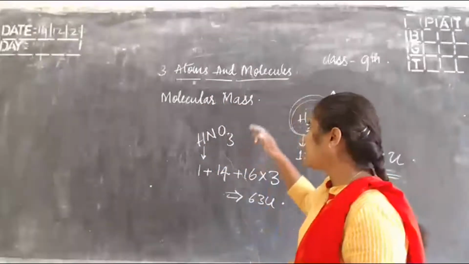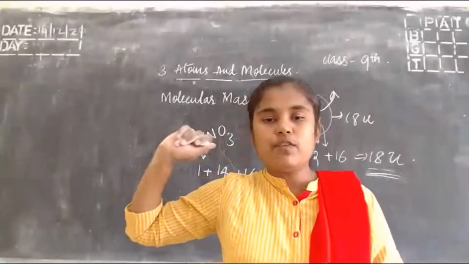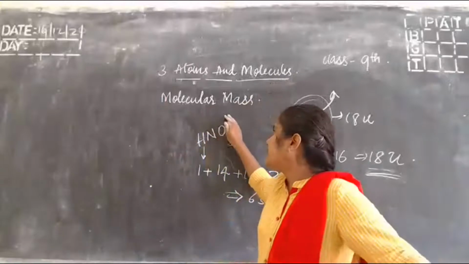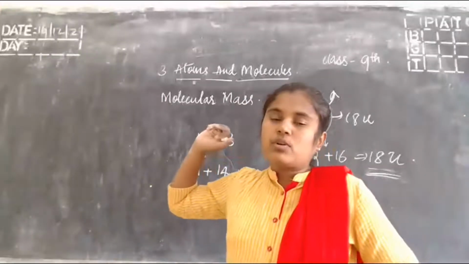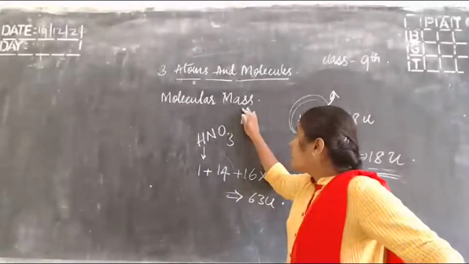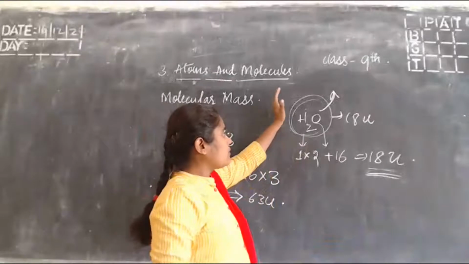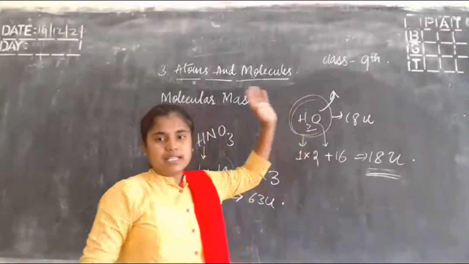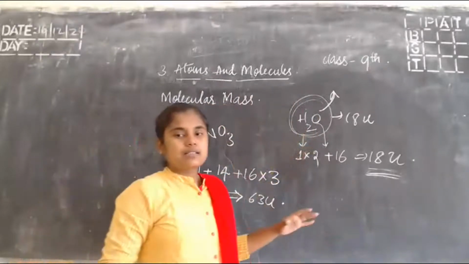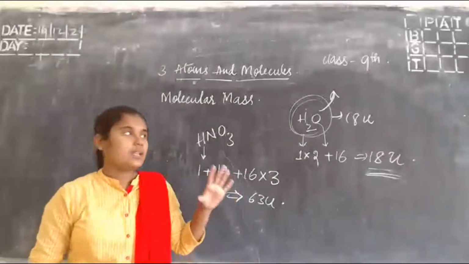Before that, we saw how to write the chemical formula of a compound. Then we have seen the molecular mass, for which we need to know the atomic mass of the elements present in that compound. So we need to know the atomic mass, which is very important.